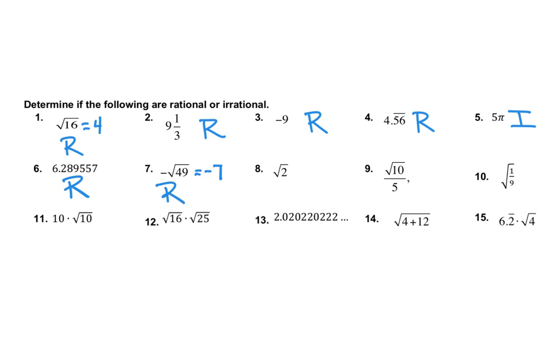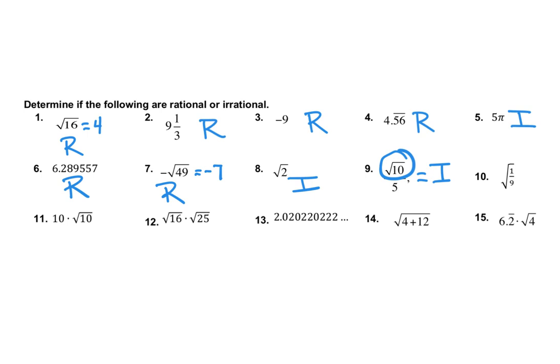Now, the square root of 2 falls between the square root of 1 and the square root of 4, and so therefore this is going to be an irrational number. The square root of 10 is irrational, so the whole thing is going to be irrational.